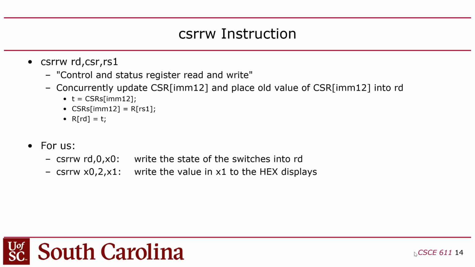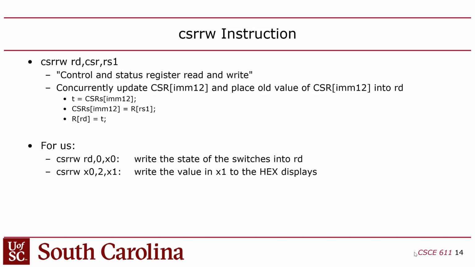So CSR, if that's 0, we want to write the state of the switches into register RD. Right, so in other words, whatever the user is putting in on the FPGA board, we're going to bring that into register RD, whatever register you want to use for RD.